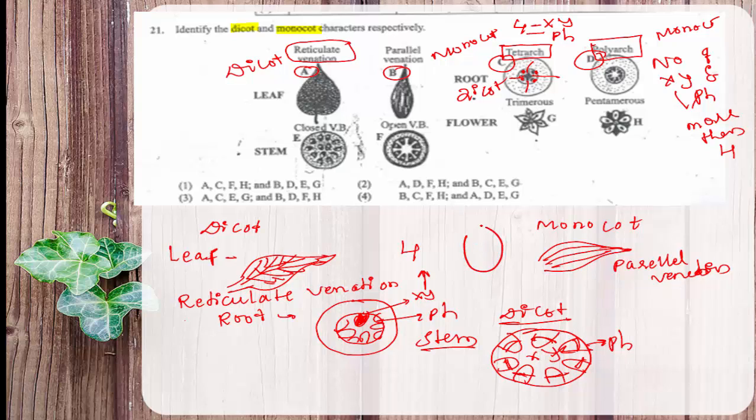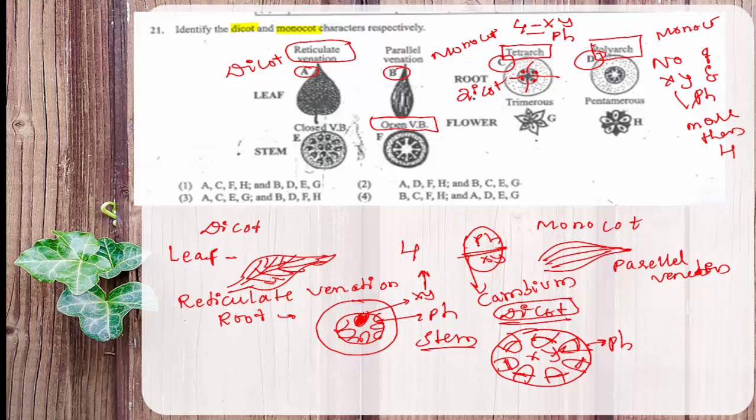In between xylem and phloem, this is the phloem and this is xylem. They are separated by a meristematic tissue called cambium. In which stem I am talking? I am talking with respect to dicot stem. In the dicot stem, the xylem and phloem are separated by cambium. If cambium is present, the vascular bundle is called open type.